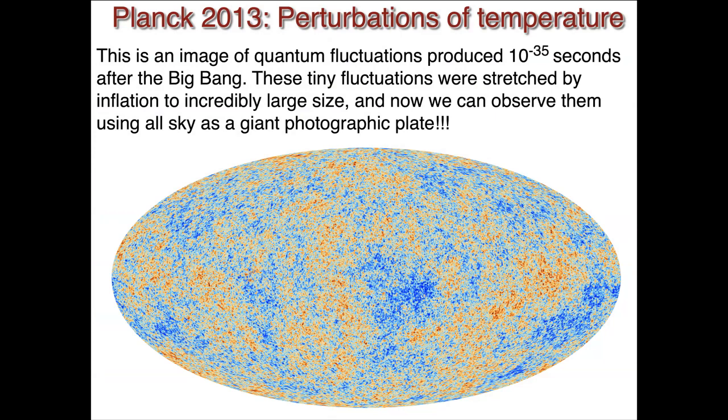So why would anybody be excited about this? The excitement is because what we see right now is a photographic plate which shows quantum fluctuations which were produced at 10 to the minus 35 seconds after the Big Bang. So it's absolutely astonishing what they do.